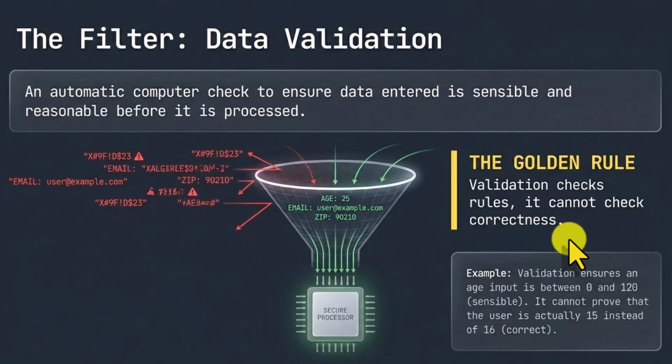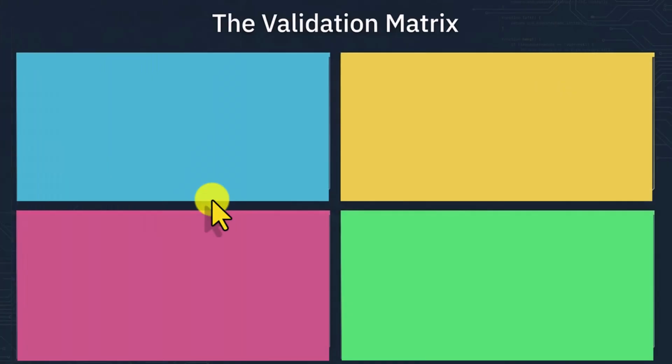Validation cannot check correctness. Validation ensures an age input is sensible, for example between 0 and 120, since age cannot be negative or higher than 120. But it cannot prove that the user is actually 15 instead of 16. So validation checks rules but cannot check correctness. That is data validation.